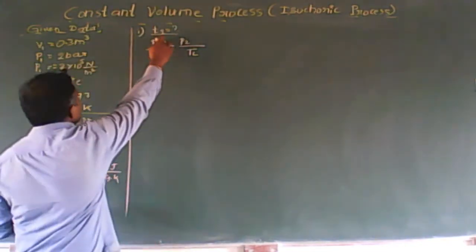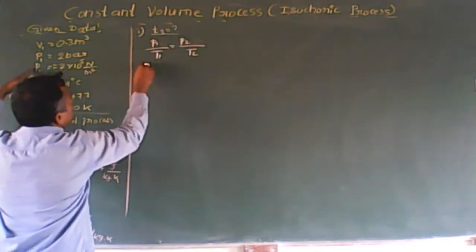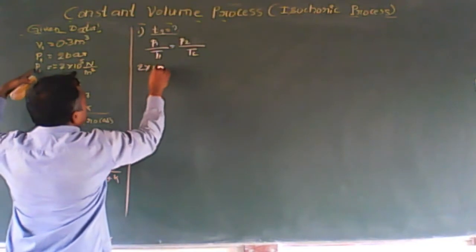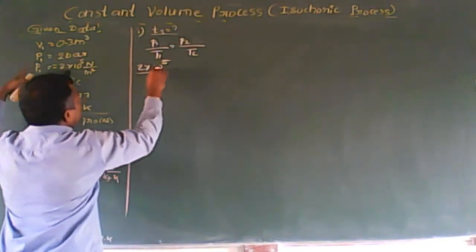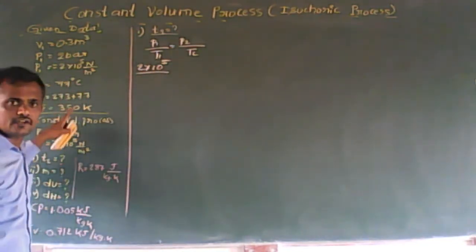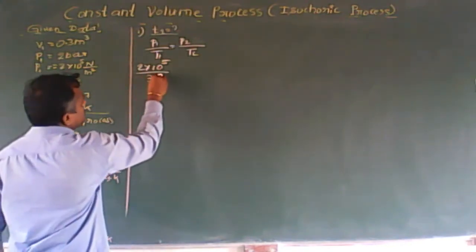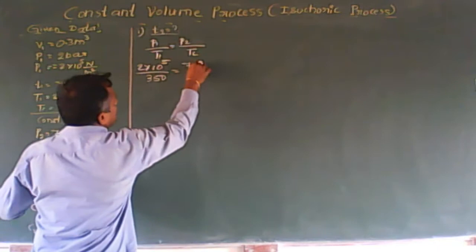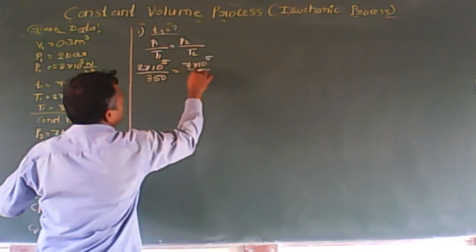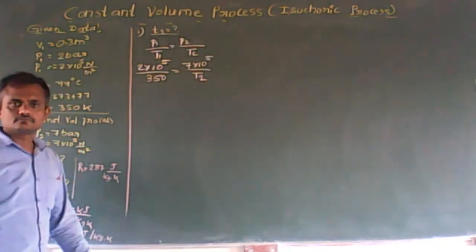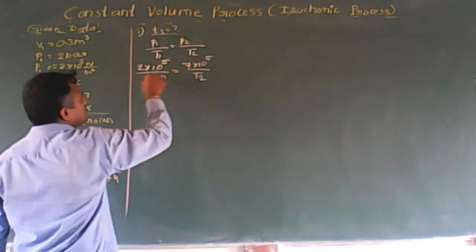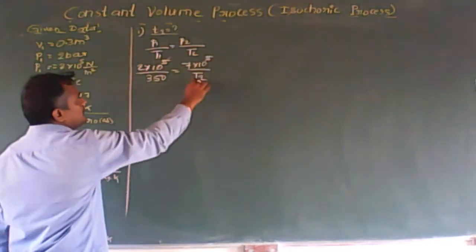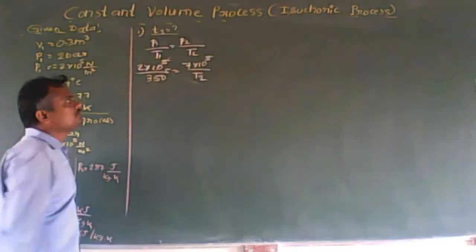Okay. So let us substitute the value of P1 here. P1 is 2 into 10 raised to 5 upon T1. T1 you should take 350, which is equal to P2, which is 7 into 10 raised to 5 divided by T2. Okay, here you can directly cancel 10 raised to 5, 10 raised to 5, and this T2 goes to the numerator side.